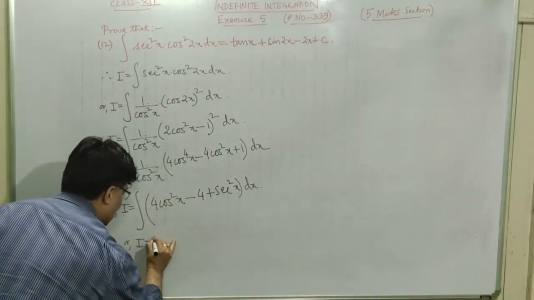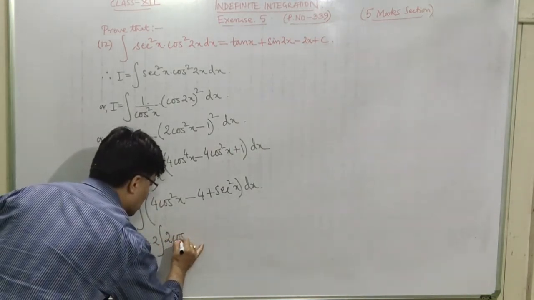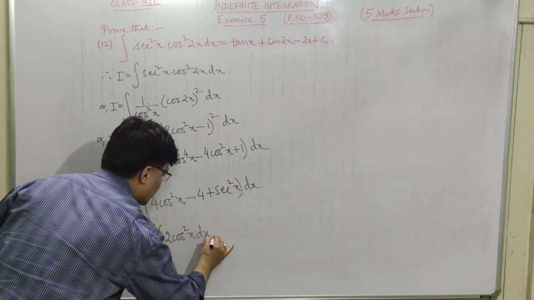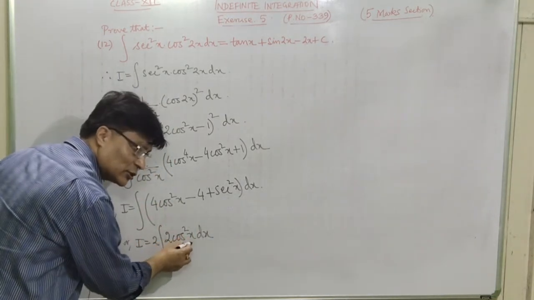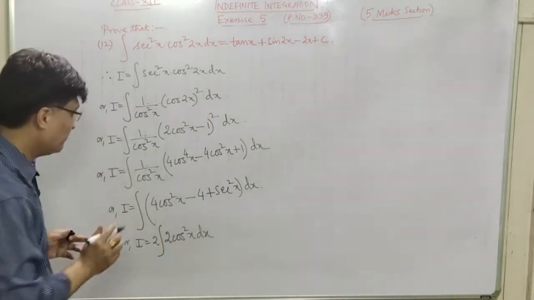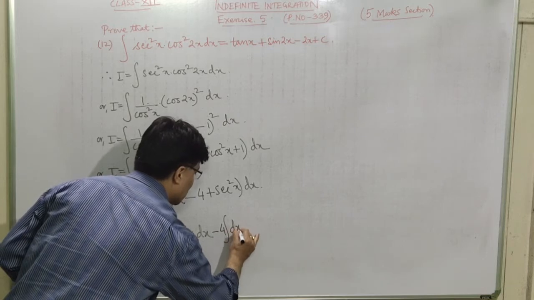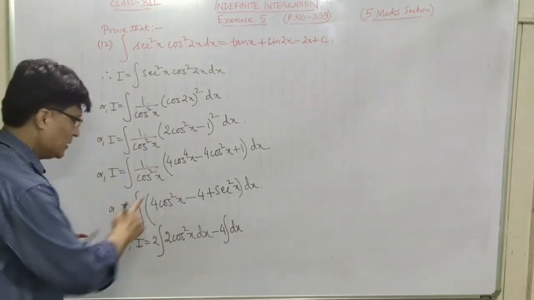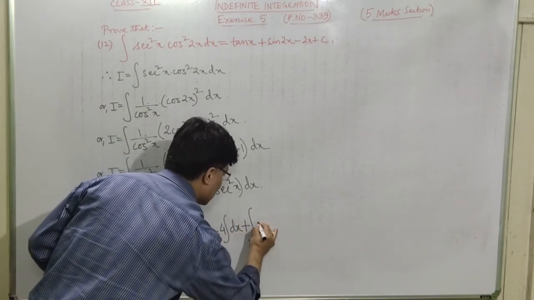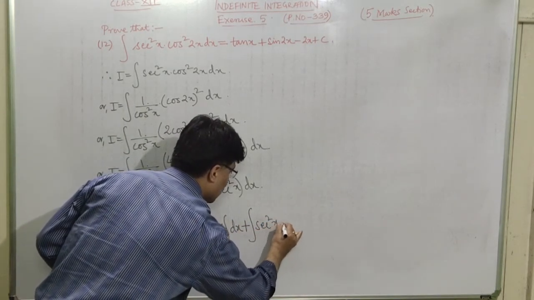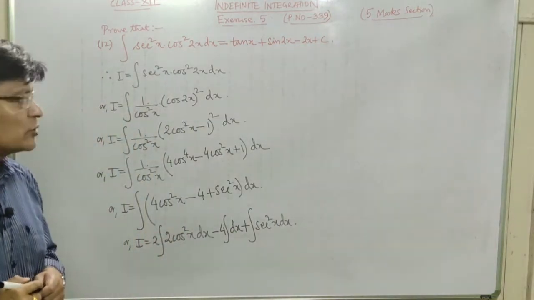I is equal to 2 integration of, now this is your 2 cos square x dx. Now you know why this cos square x is multiplied by 2. Then minus 4 integration of dx. We are separating it, plus then integration of sec square x dx.